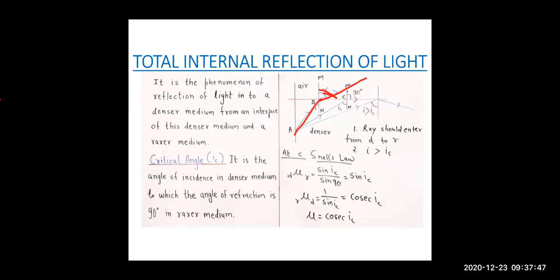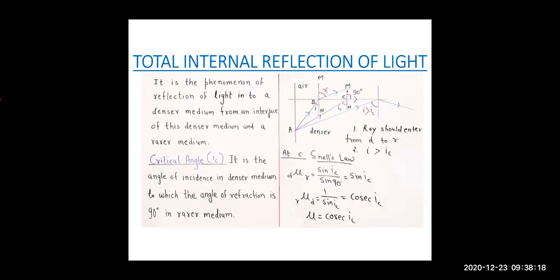Now, as we go on increasing the angle of incidence, the refracted ray will go on moving away from the normal, and at a particular value of angle of incidence, the ray gets refracted at an angle of refraction of 90 degrees.